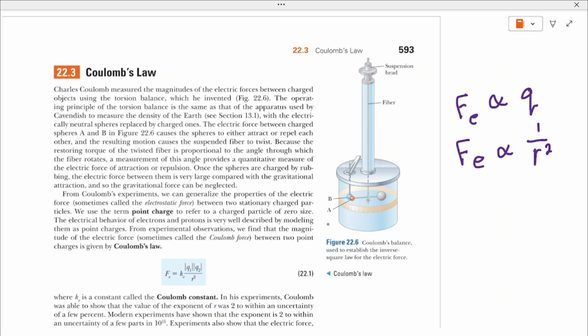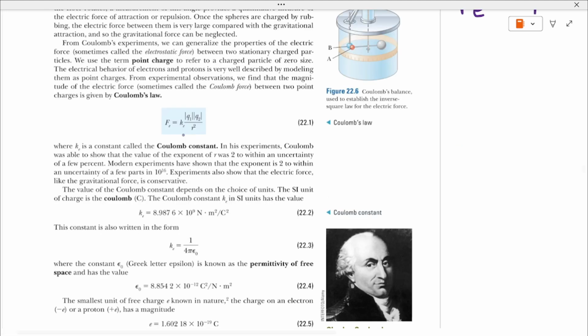Similar to how the gravitational constant was calculated, Coulomb calculated his constant for his force law, which is about equal to 9 times 10 to the ninth. And it has similar units to the gravitational constant, Newton meters squared per Coulomb squared, in order for this force law to give newtons.